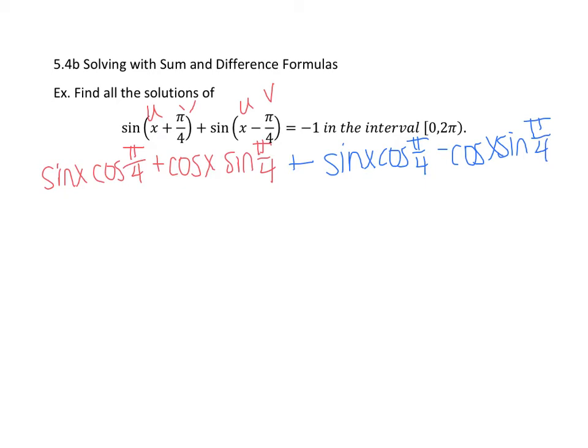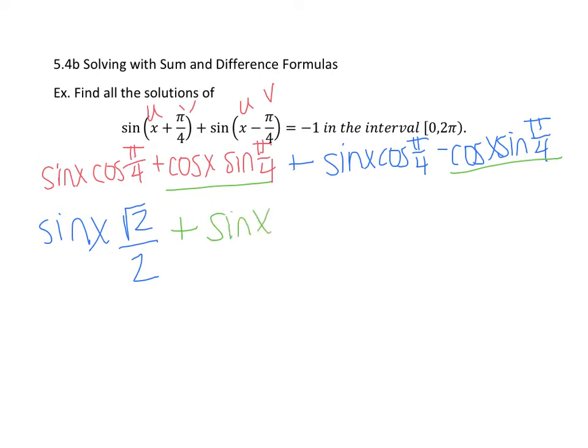Okay, and if I add these together, first of all, let's do sine x cosine of pi over 4, radical 2 over 2. Hopefully you can see that this term is going to cancel out with this term, so we no longer need to worry about it. And then we're going to add sine x cosine pi over 4 is radical 2 over 2.